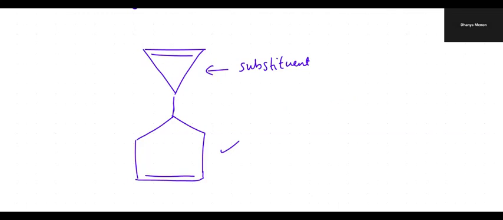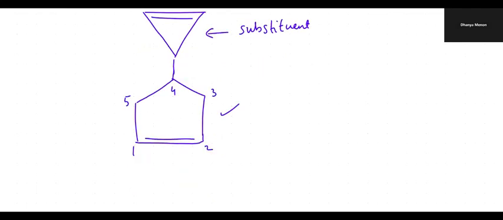So over here, we are numbering it. So we number from here 1, 2, 3, 4, 5. If we number from here, it will be 1, 2, 3, 4, 5.